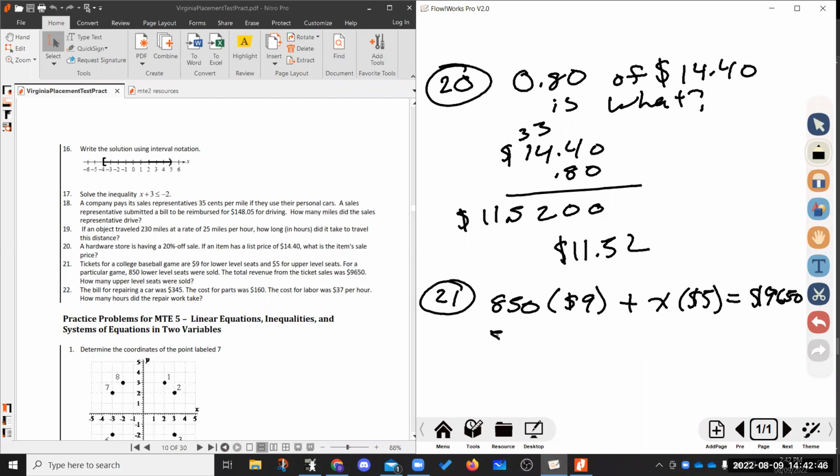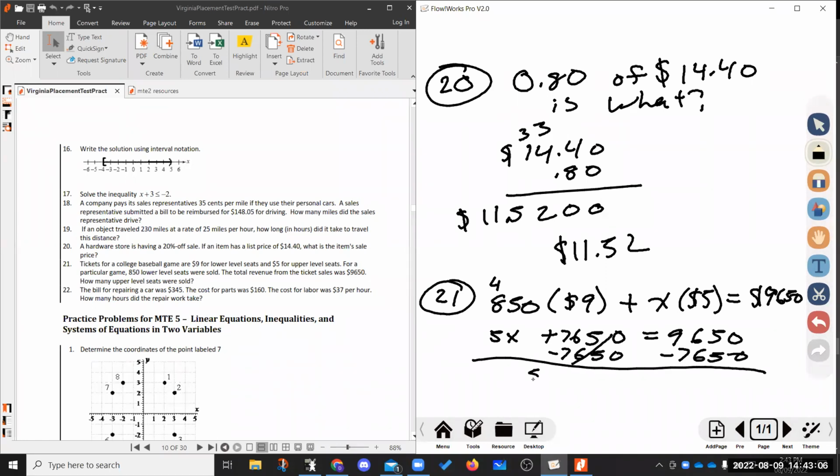So this is going to be 5x plus 72 plus 4 is 76. I'm going to subtract 76.50 from both sides. We get the 5x is equal to 2,000. Divide both sides by 5. And we get that x is going to be equal to 400. There were 400 upper level seats sold.